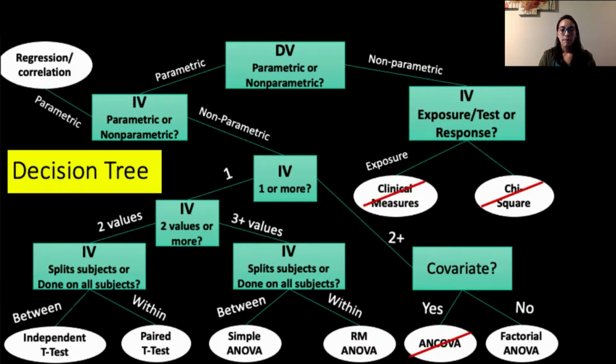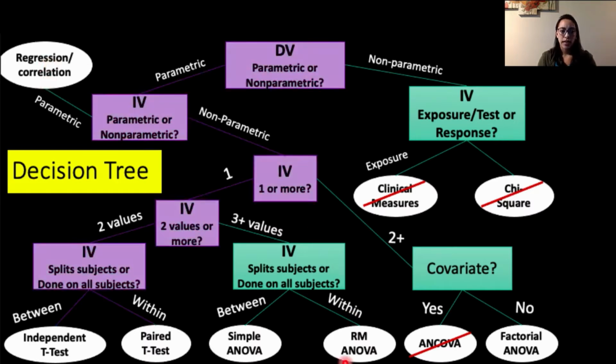Let's first come back to our decision tree that we've looked at in the past couple of weeks. The past 2 weeks we've done correlations and regressions, which both dealt with a parametric independent and dependent variable. So when we wanted to look at the relationship between variables, we would use a correlation. And then when we wanted to predict a certain dependent variable outcome by using certain relationships, we looked at regressions.